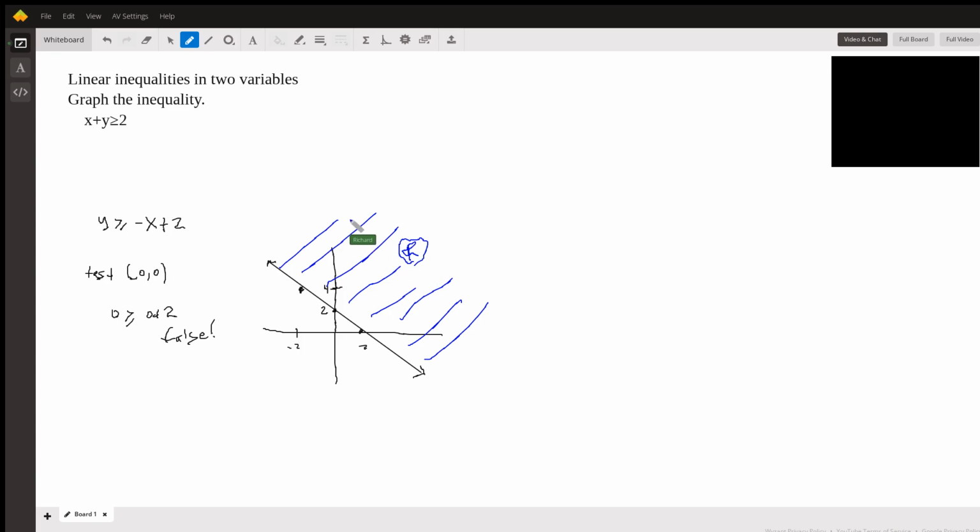Sometimes you really need to indicate just where that solution region is. So those are the steps. Treat it like it's a line, put it into slope-intercept form, graph the line, and make sure that it's going to be solid. If there's no equal sign here, it's going to be a dotted line. And then test the point, and 0, 0 is my favorite point to test.